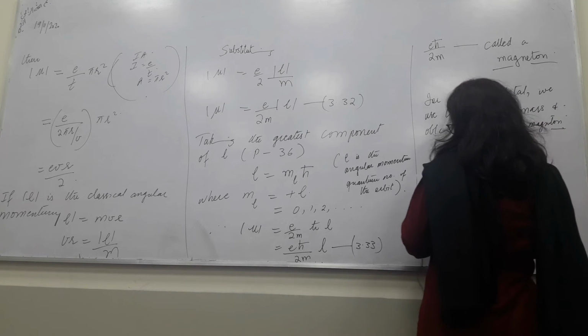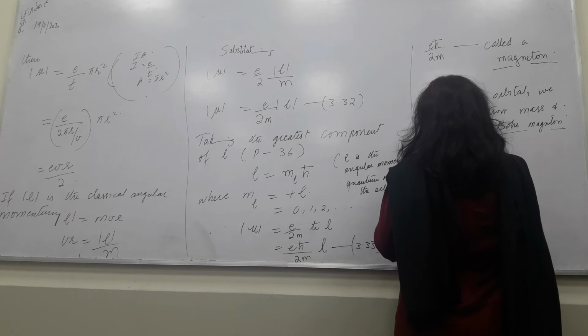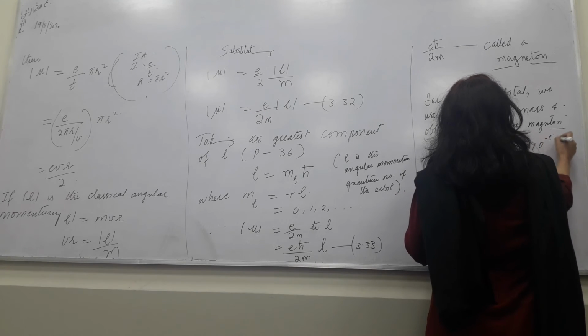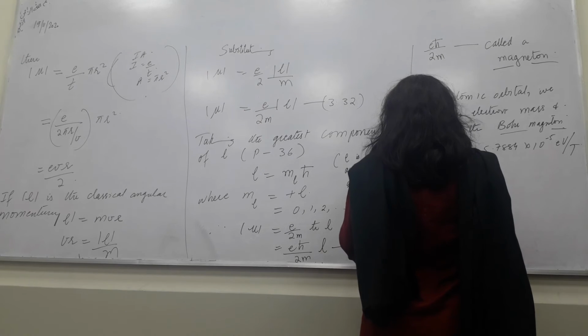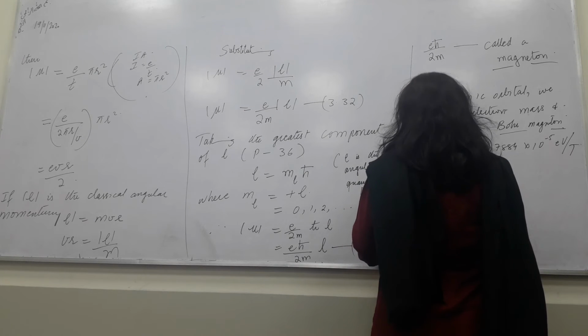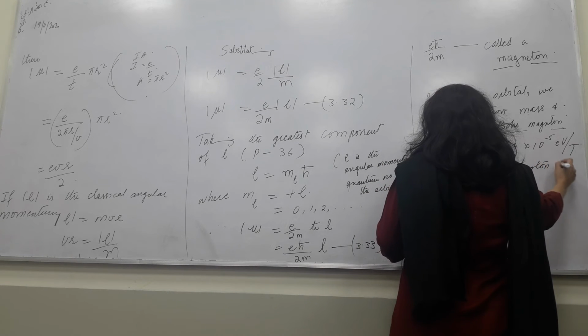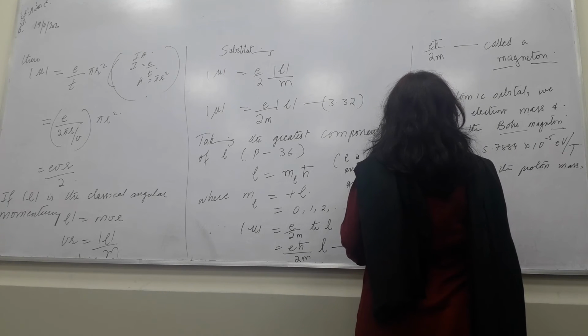Okay, and we know that it is represented with mu b, and the value is given in many books and tables and so on, which is about this. Now putting in the proton mass, okay, we have the nuclear magneton.